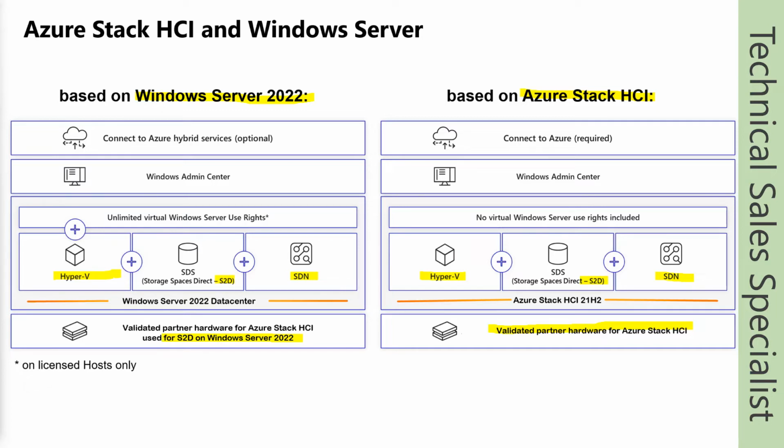When we look at Hyper-V in Azure Stack HCI, we have some additional features. If we think about the Hyper-V component itself, then we have something like Hyper-V Plus. In Azure Stack HCI, we have additional CPU compatibility features in Hyper-V. We have additional GPU support for clustered VMs.